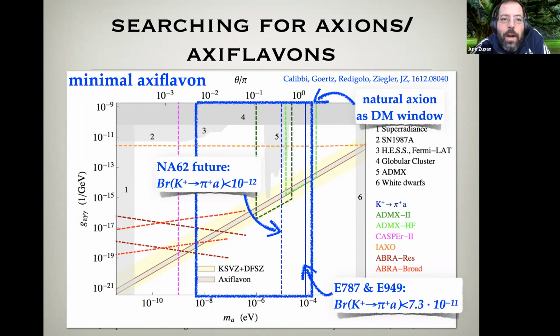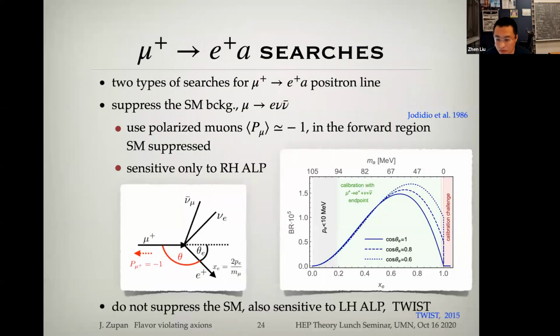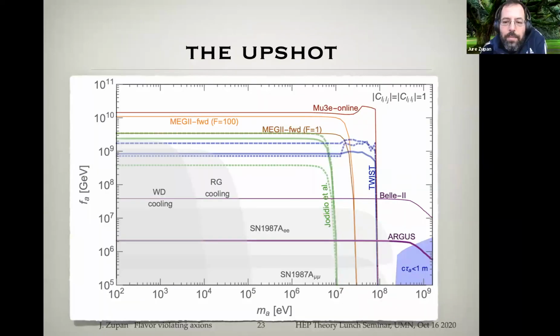So if you have either just vector or just axial, you're sensitive to an equal extent to the vector and axial. But if you have a left-handed coupling, then you're much less sensitive. I remember that. You can't see my pointer, but it's these green dashed lines above or below the solid line. The one above is the right-handed, the one below is the left-handed. Yeah. Thanks.